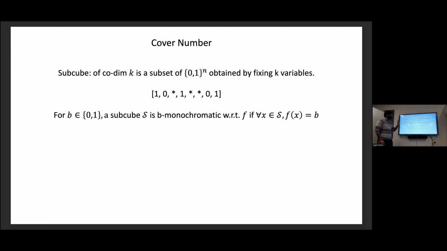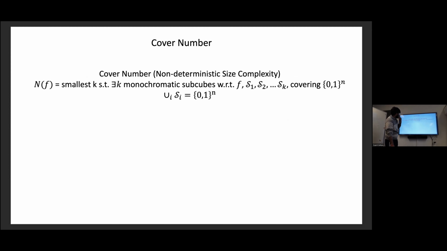The other notion, which I'll just state now, is the notion of cover number. Let me define the notion of subcube first. A subcube of codimension k is nothing but a partial assignment where you're fixing k variables and the rest of the variables can be anything. We say that a subcube is monochromatic with respect to a function if every input which resides in my subcube has the same function value.